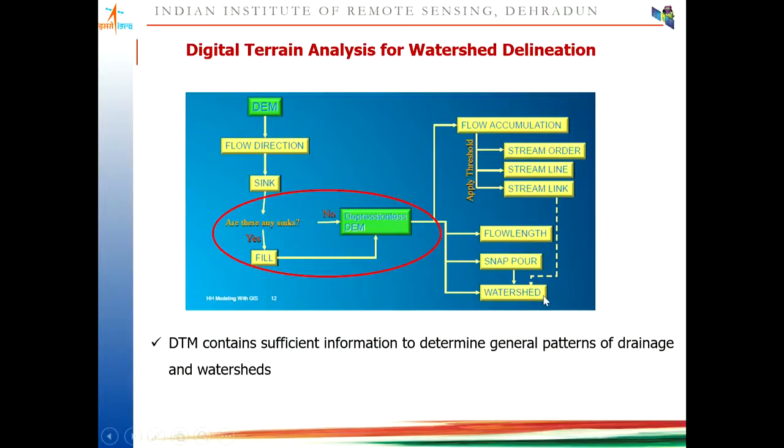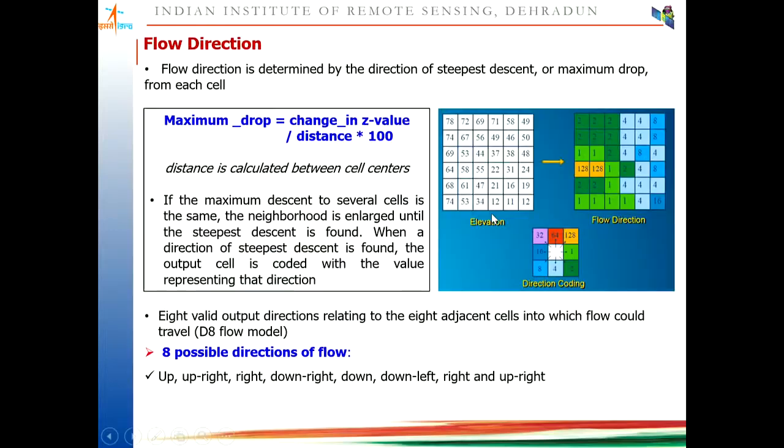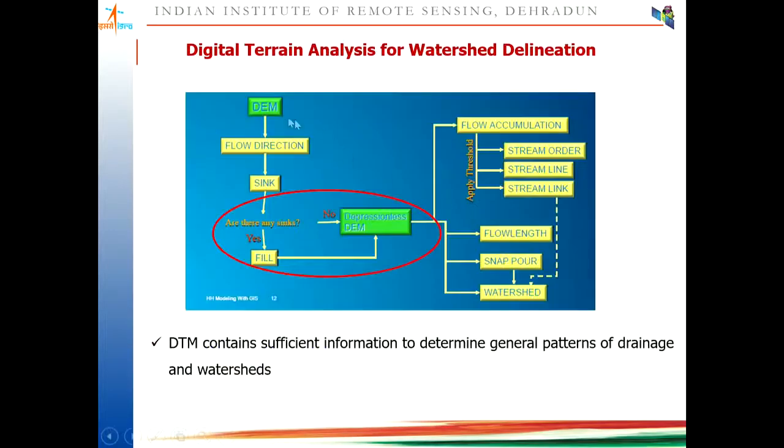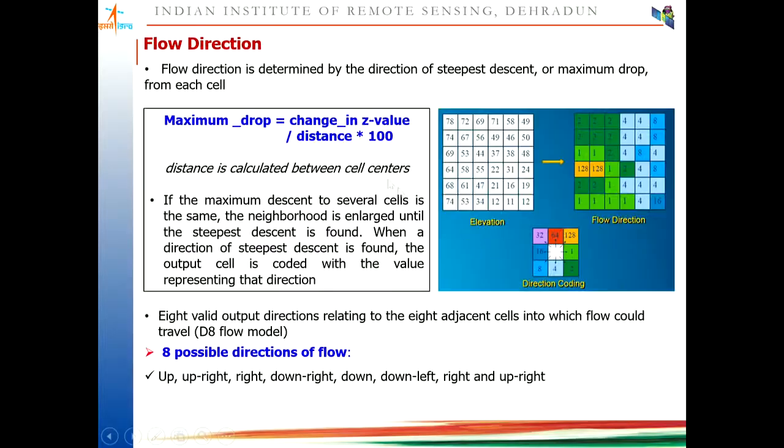Basically, for watershed and sub watershed delineation, you need to generate your streamline map, and that can be generated directly from the DEM. How the flow direction and flow accumulation maps are generated, and how the stream order will be generated, is explained here.